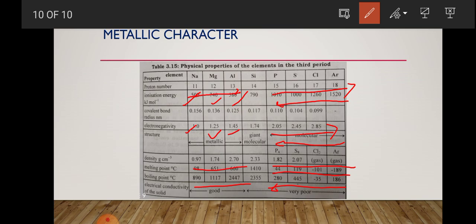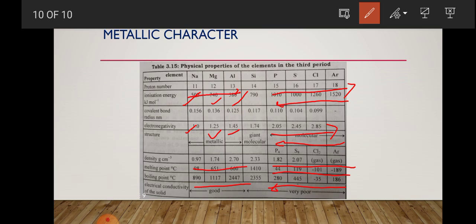So, from the above discussion, we can say that metals have low ionization energy and low electronegativity. On the other hand, non-metals have high ionization energy and high electronegativity. The melting point, boiling point and density of metals are very high.